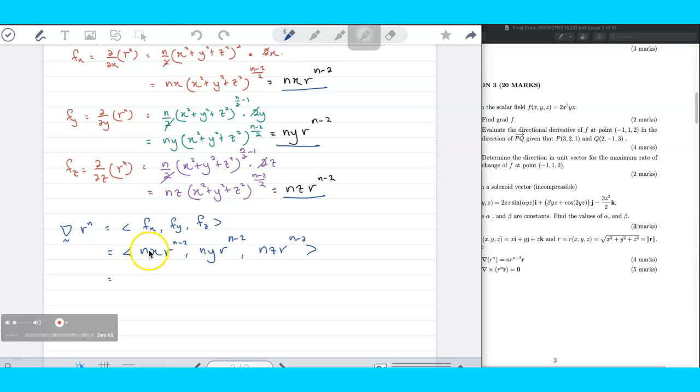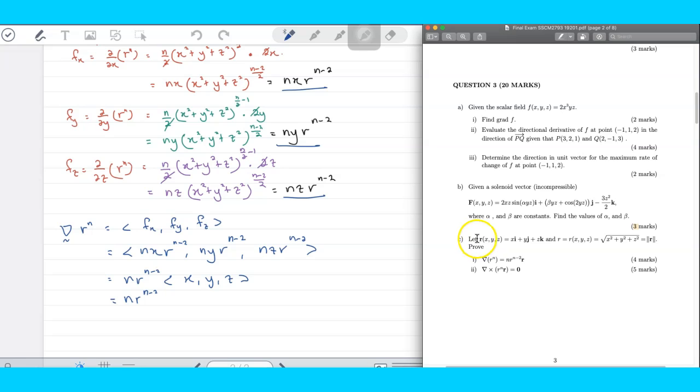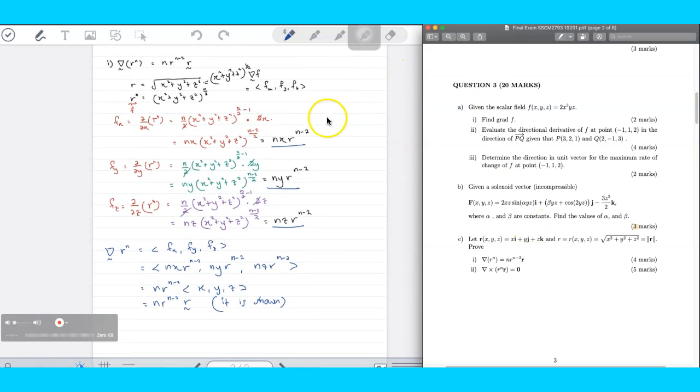You can see there is n r to the n minus 2 everywhere, so we can factorize. We have n r^(n-2) as a scalar constant, and x, y, z is the vector r. So you see that it is shown. We manage to show how from the left we get the right side. That is the procedure to get this one.